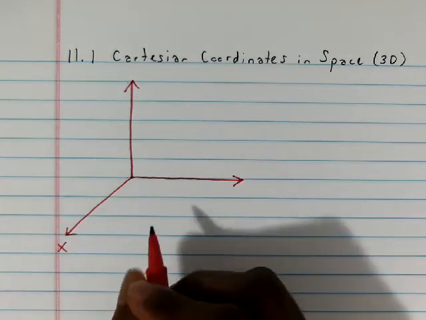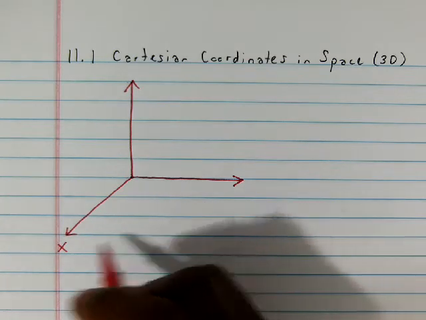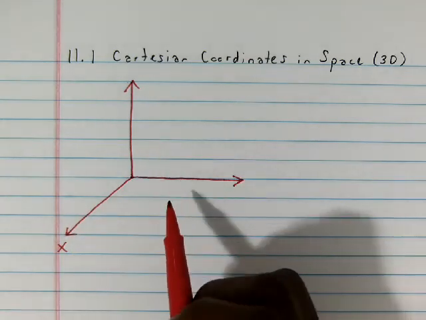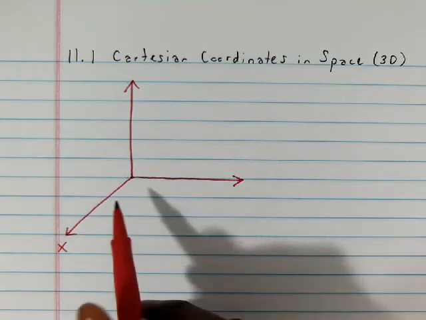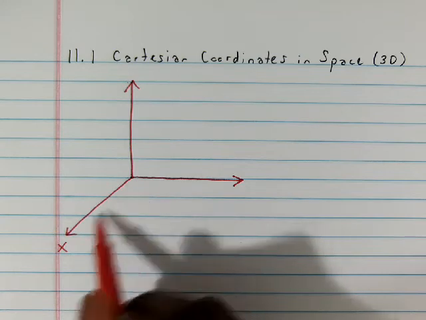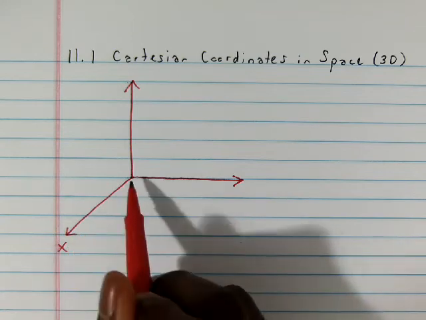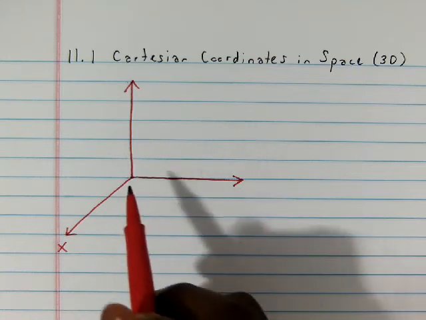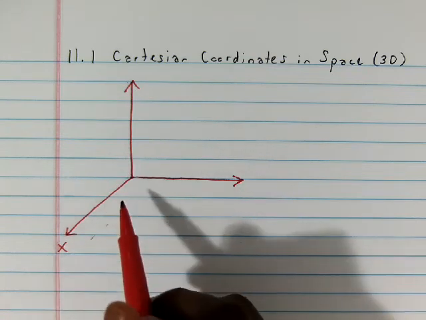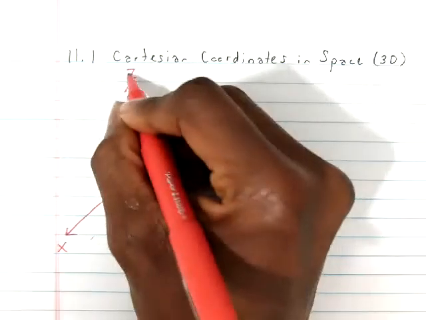We live in 3 dimensions, of course, but when we're trying to portray 3 dimensions on paper, which is only 2 dimensions, we have to have some other means of doing so. So what we do is we make the x-axis, which is supposed to be coming perpendicular to the page and directly out of the page at us. But since we can't do that, this is the way we portray that. So that's the x-axis, and then this is our y-axis, and that's our z-axis.